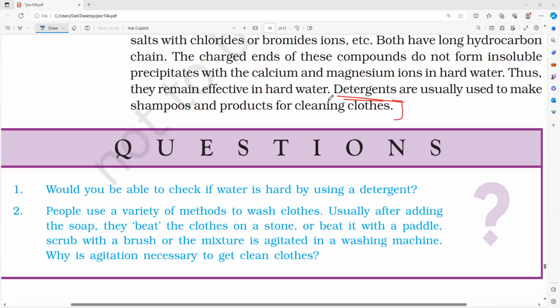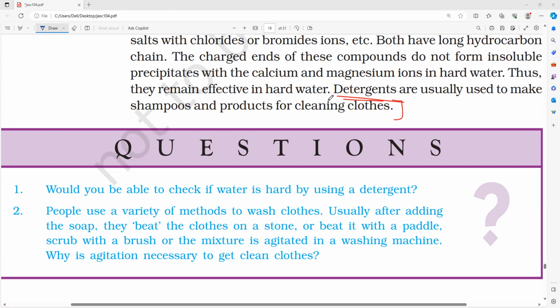And they are required even in a small quantity. Clear, everybody? Yes, please. All of you. Next, that is what you have to remember.